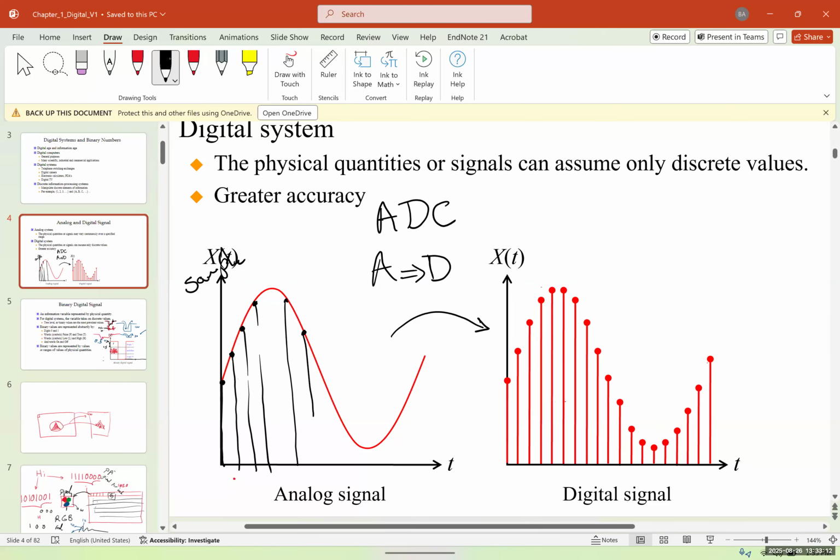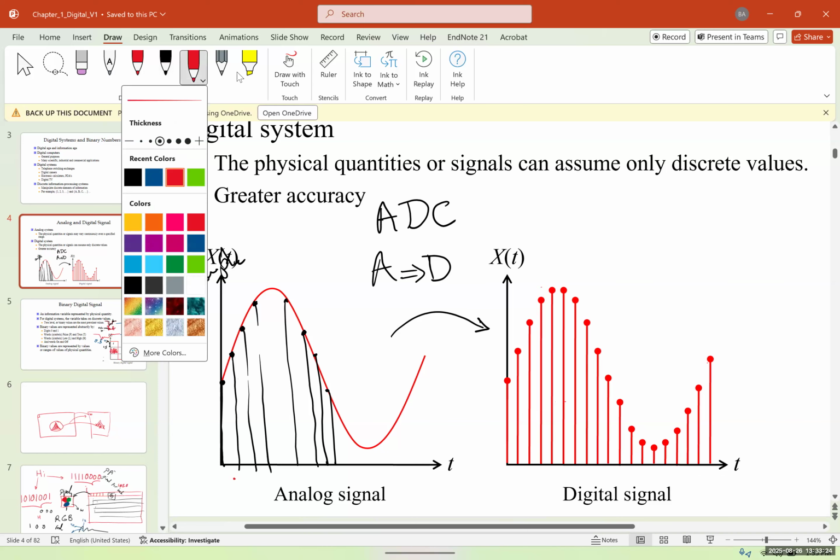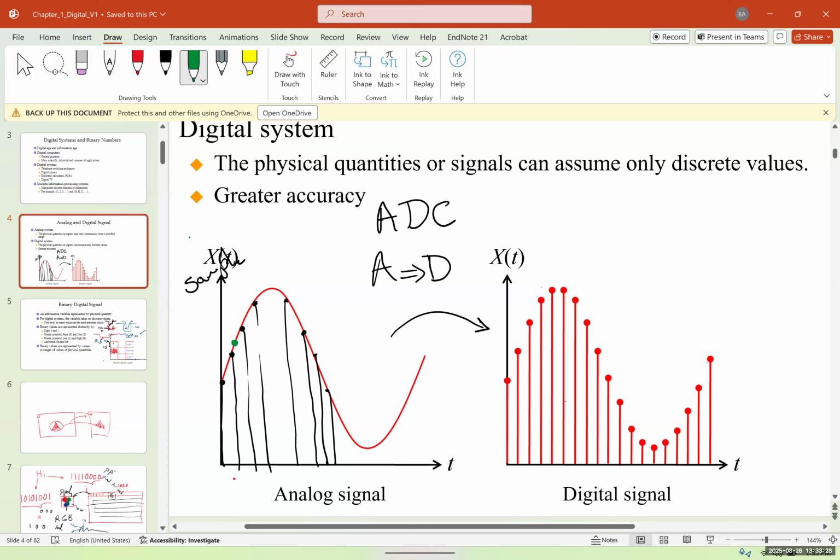And this sampling rate is up to us. I can have a higher frequency, more samples, or a lower frequency. So this is an example of one sampling frequency, I'm going to do it with the green one. Or I could do my sampling like this. I can just have 2 samples here. Something like this.